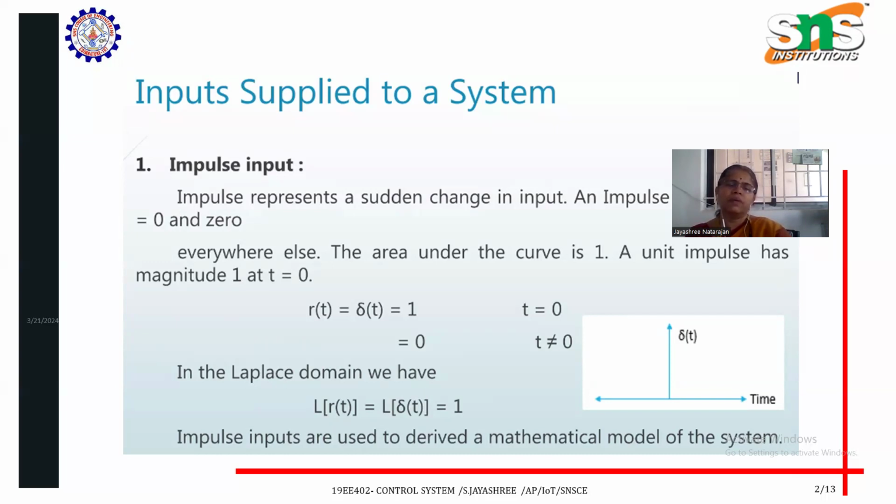Del of t equals 1 for a unit impulse at time t equals 0. When time t is not equal to 0, the value vanishes; there is no impulse. This is the equation of the impulse input. If you take the Laplace transform of R of t, R of s equals 1.